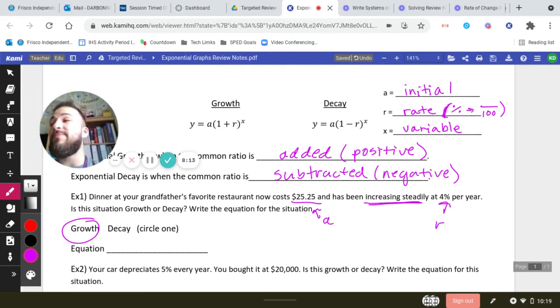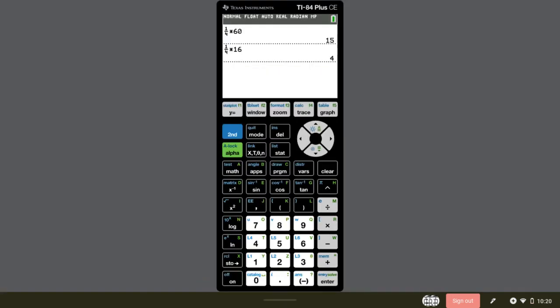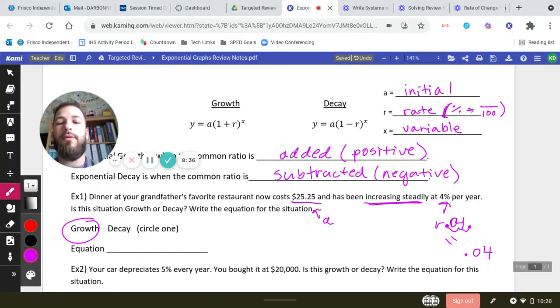That is our rate, but we need to convert that rate to a decimal. So we take 4. Move the decimal over, and it becomes 0.04. You can also, of course, always type in your calculator. So you can take 4, divide it by 100, and it'll give you 0.04 as well. So whichever works best for you.